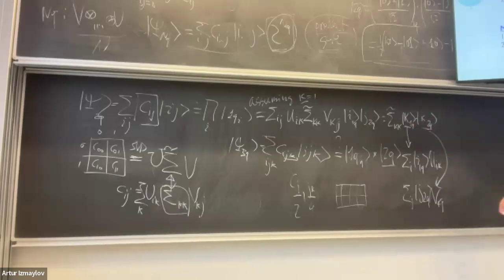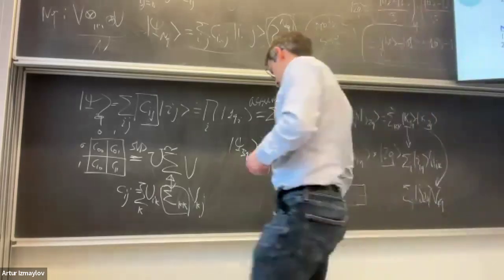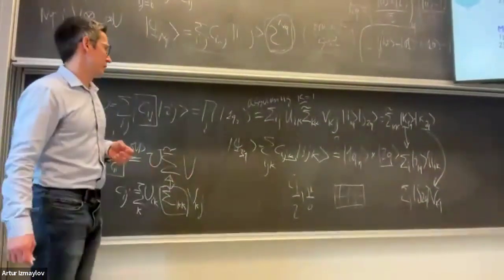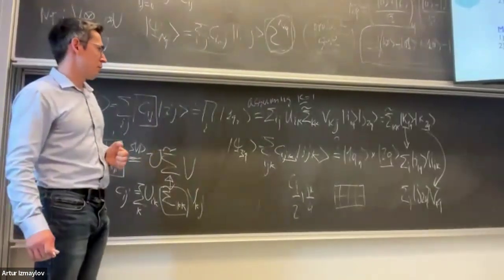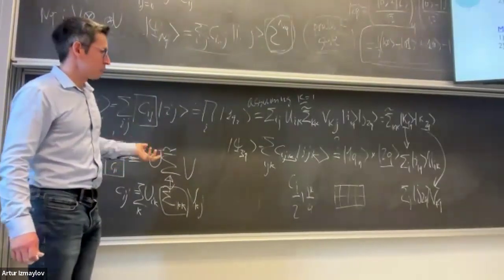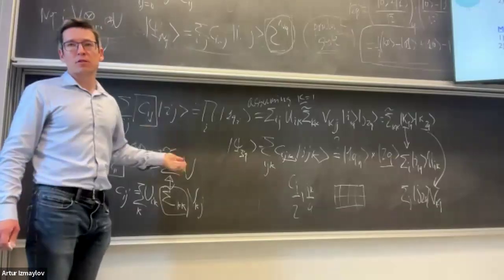Okay. And this is how we can know whether the state of multiple qubits is entangled or actually is a very simple product state. Yeah.